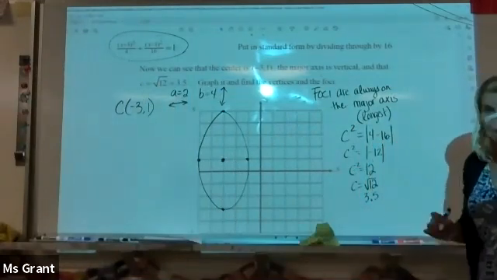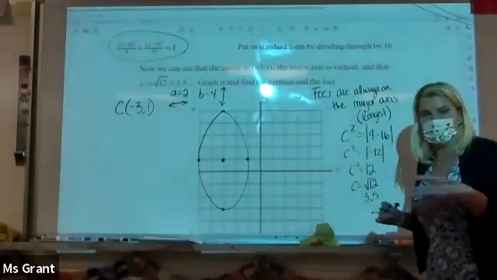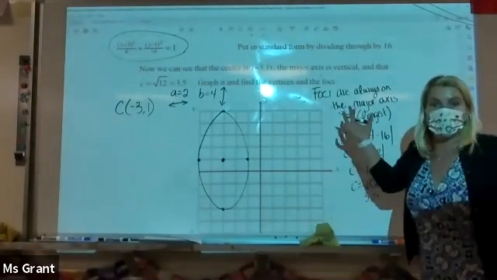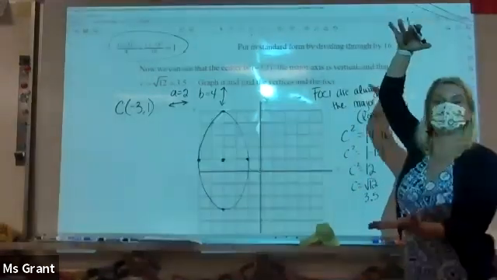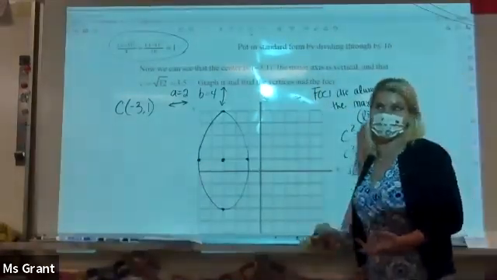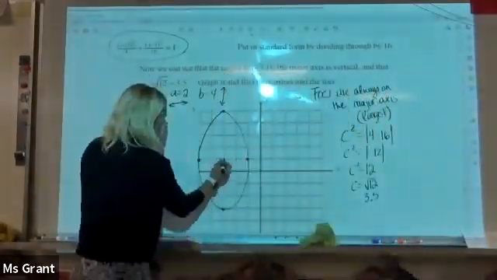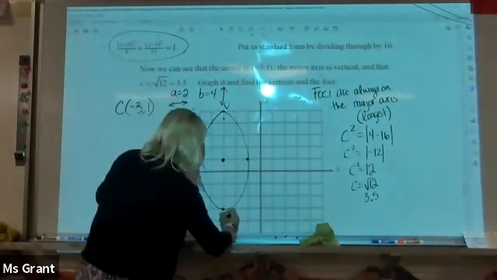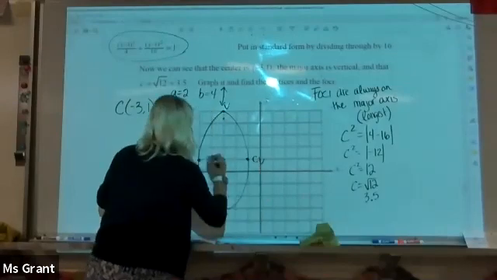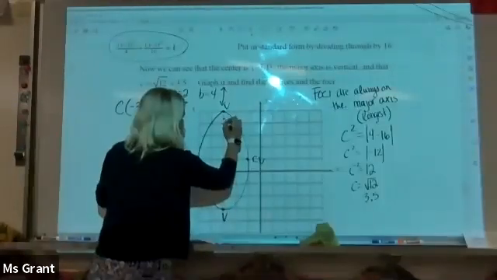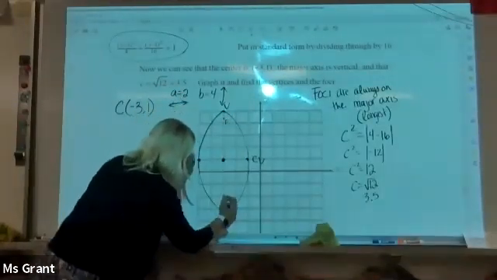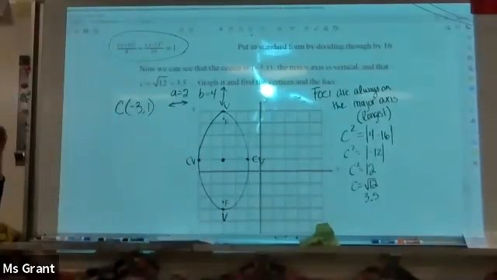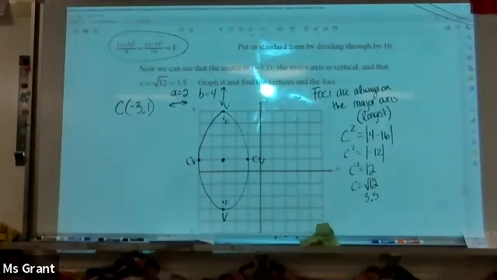So I know that from my center, I need to go 3.5 in both directions along the major axis. What's the major axis? The longest one. It happens to be up and down this time. 1, 2, 3.5. Oh, let me label, sorry: vertex, vertex, co-vertex, co-vertex. There's everything.